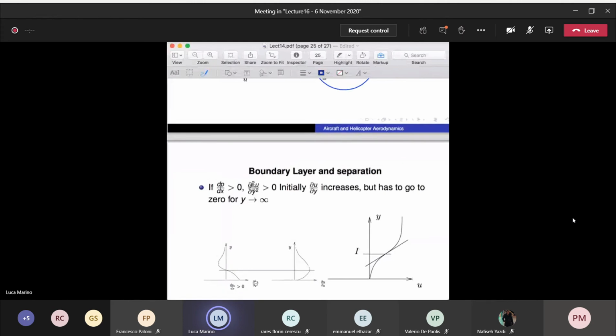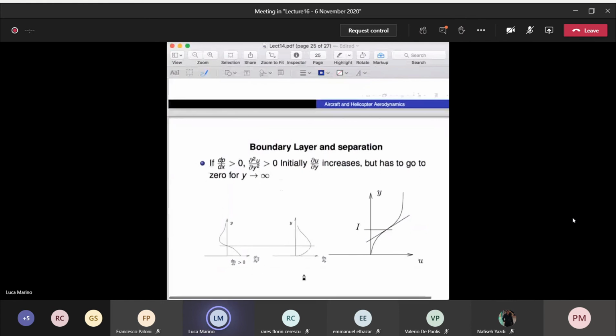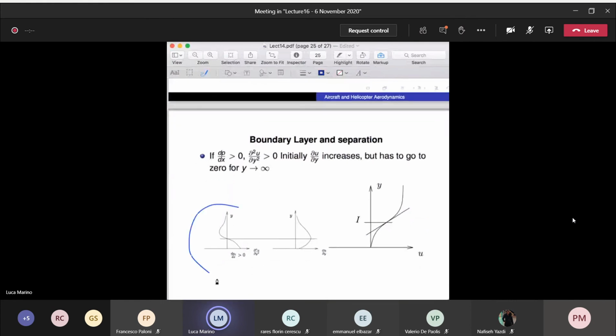This means that also the derivative of the shear stress, the second derivative of u over y, will start from a positive value, but necessarily you have to go through a 0. Then you have to go to 0 far from the body.